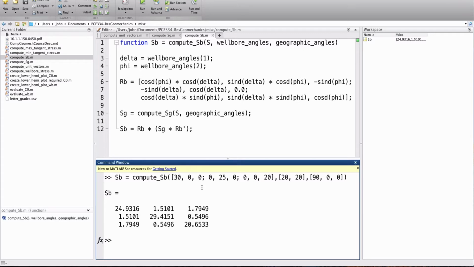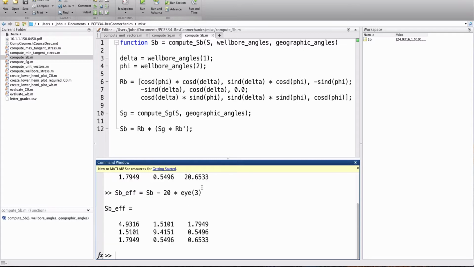So one thing we need to do is, these are not taking into consideration the pore pressure, right? So we can say SB effective is equal to SB minus the pore pressure, which was 20, right? We decided it was 20 times the identity matrix of 3. Right?